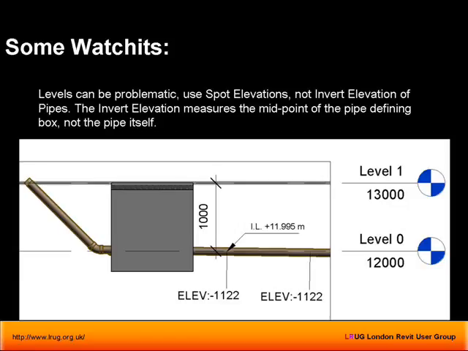If you use the spot dimension, that will actually measure the centre line of the pipe. That's not technically the invert level. The invert level is half the inside diameter minus or taken from that figure. Okay, so again, neither of these are actually giving you the value you're after. So we do need to do a bit more processing on how we're annotating this project to get the values that we actually want.